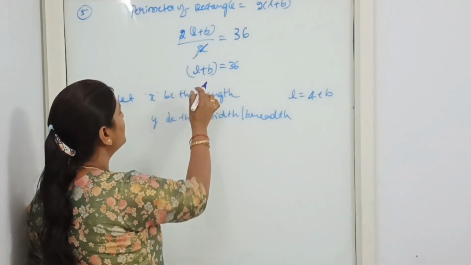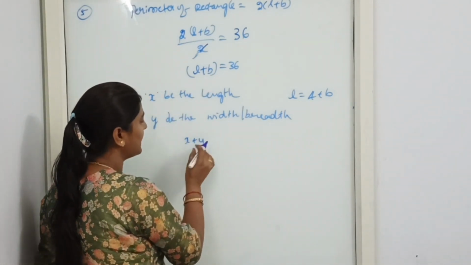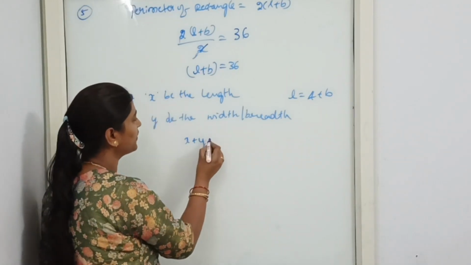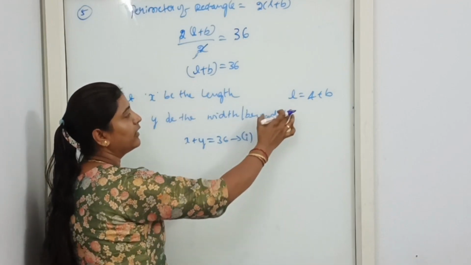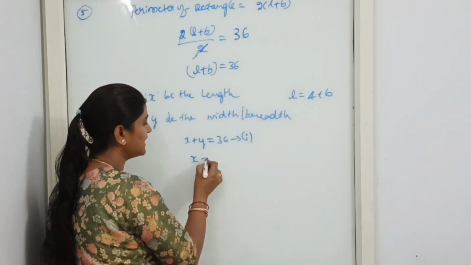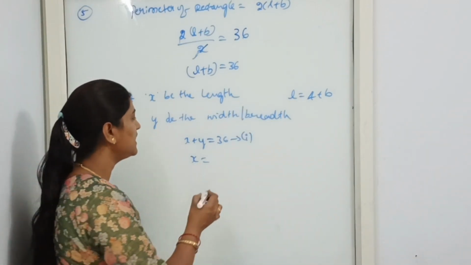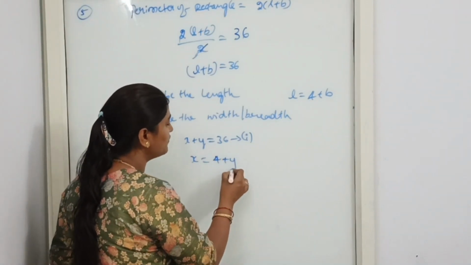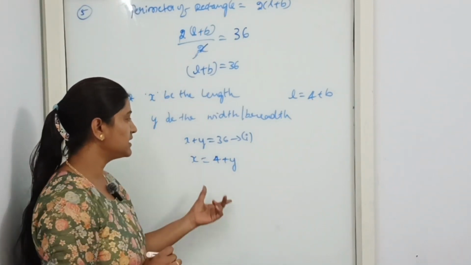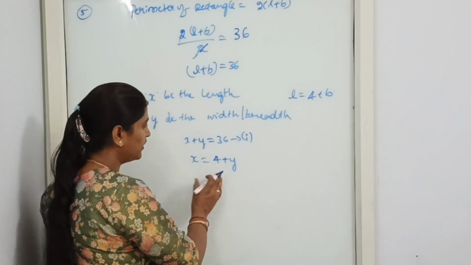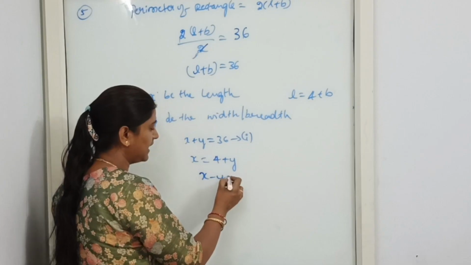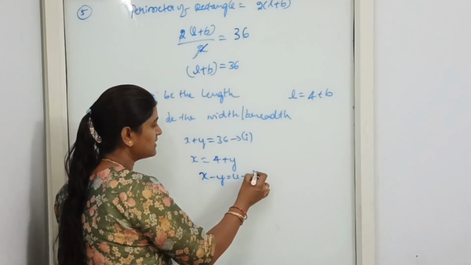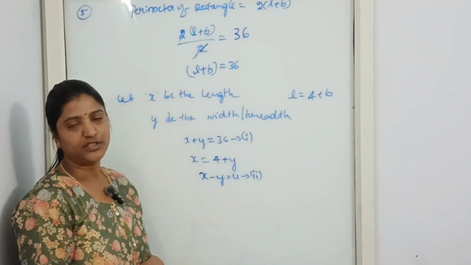So now length and breadth is nothing but x plus y. X is length and y is width. x plus y equals 36, call it equation 1. And one more, if the length is nothing but x, if the length is 4 more than its width, x equals y plus 4. So this is one more equation. And don't leave it like this only, you can transpose the variable this side: x minus y equals 4. So now you can call it the second equation.